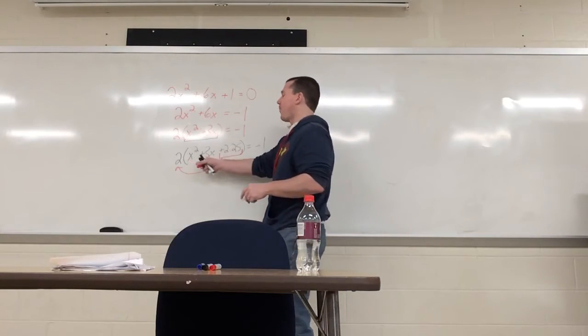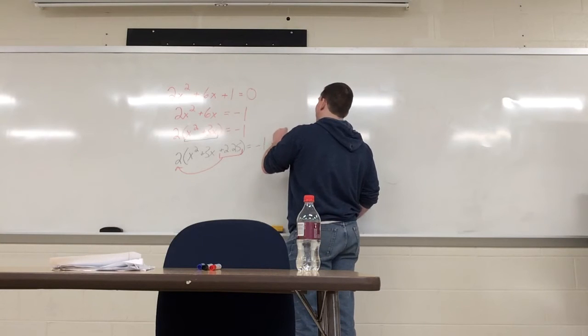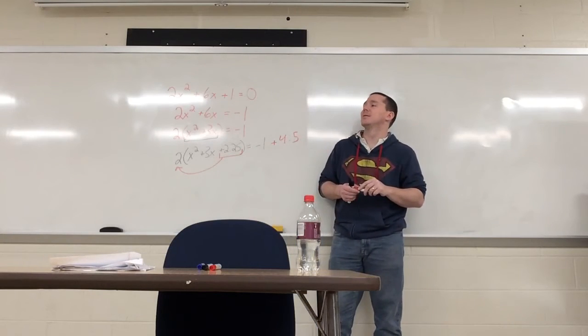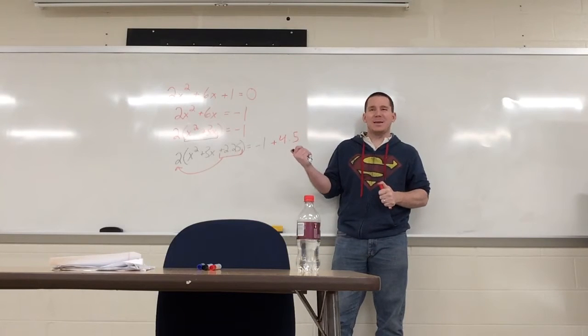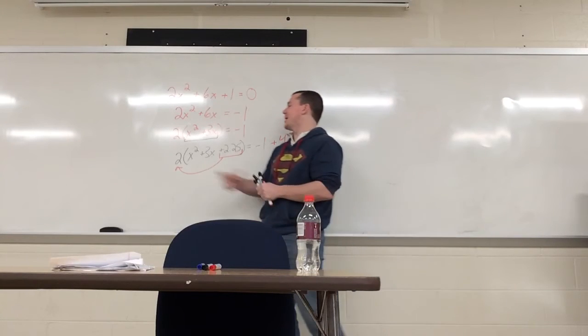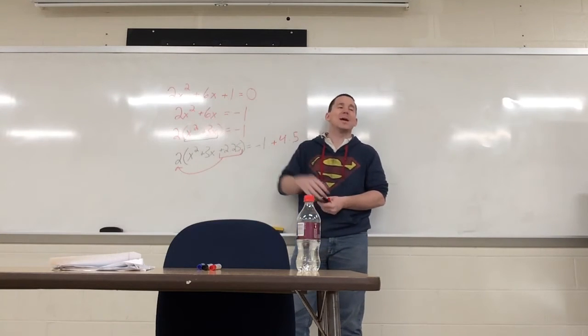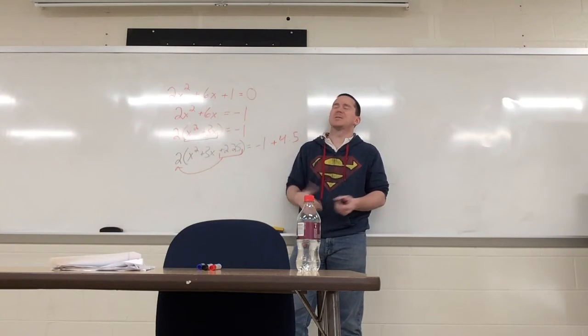I added 4.5 on the left, so I add 4.5 on the right. You can write it as a mixed number, fraction, decimal, I don't care. That's the one thing you have to keep straight in your head when you have coefficients that aren't 1. Again, if you want to do it the other way, that's fine. I like this way, so I do it.